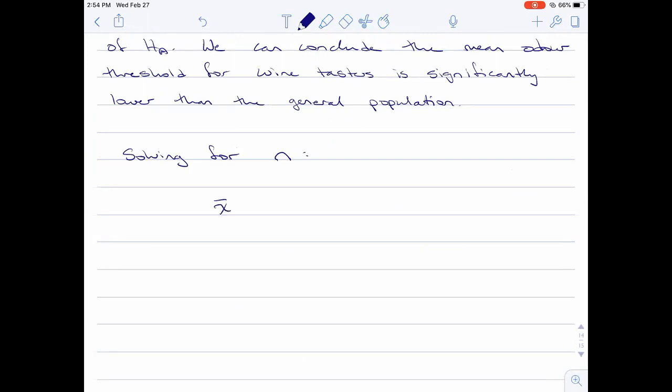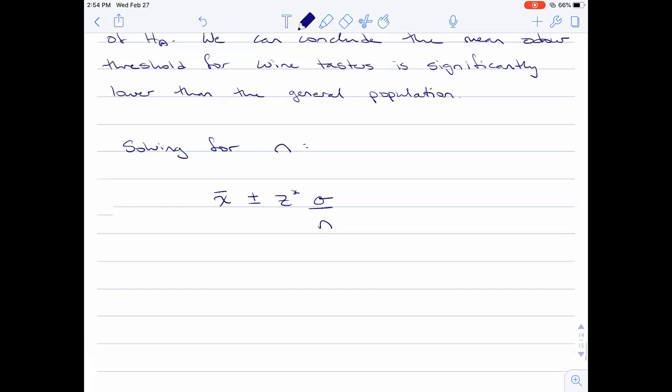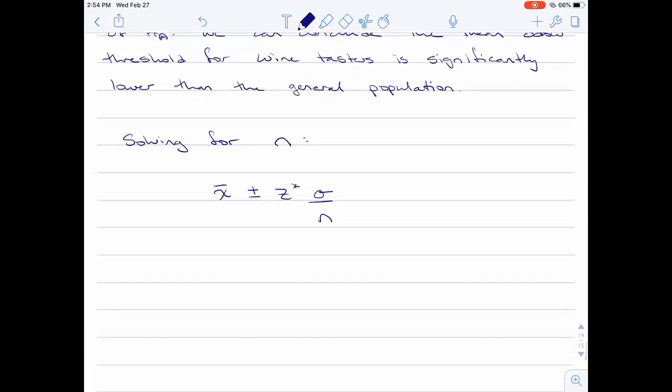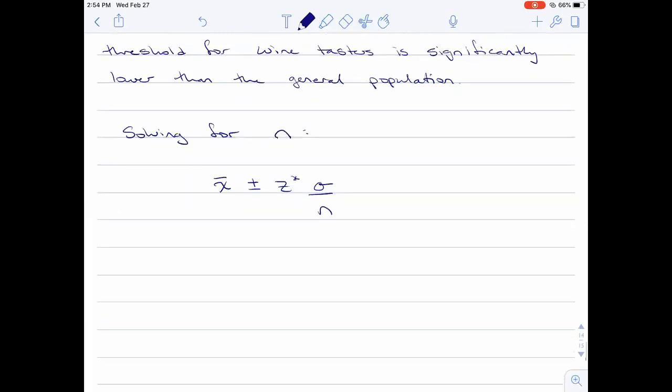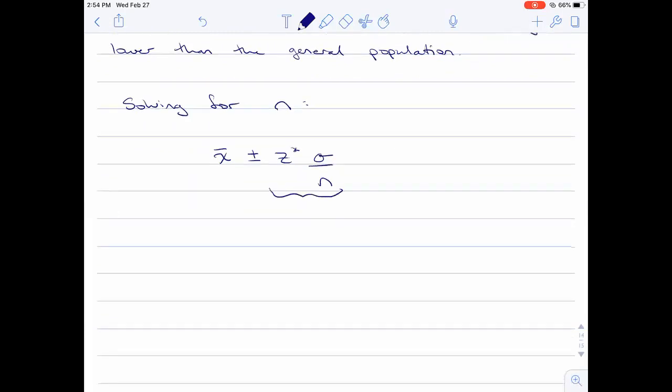If we have a confidence interval, x bar plus minus z star times sigma over root n, remember this section, secret section, there you go, is the margin of error.